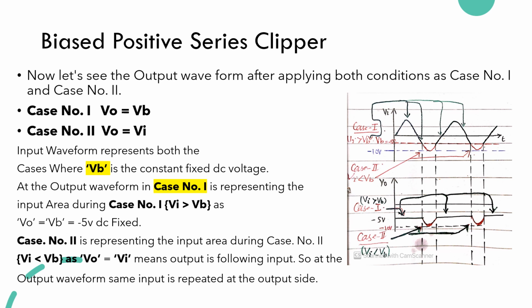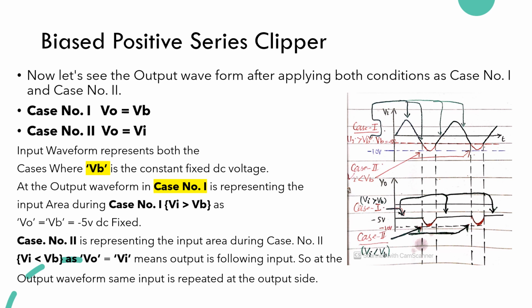The output waveform in case number 1 is representing the input area. During case number 1, Vi is greater than Vb, so V out is equal to Vb, which is minus 5 volts fixed DC.